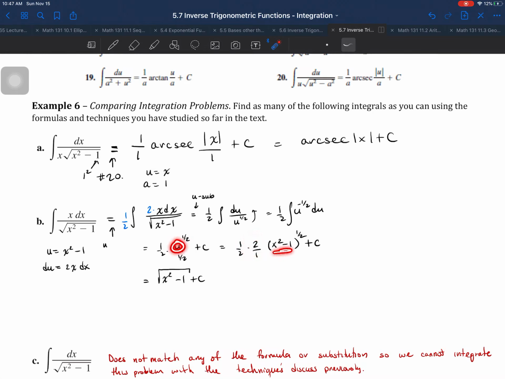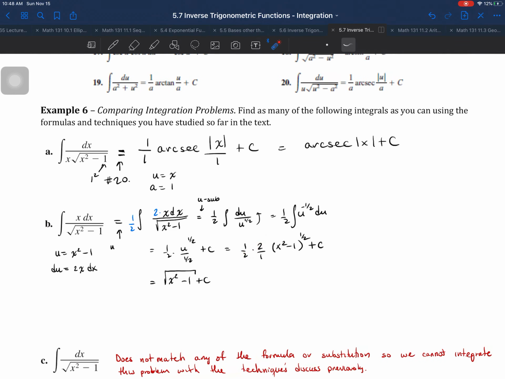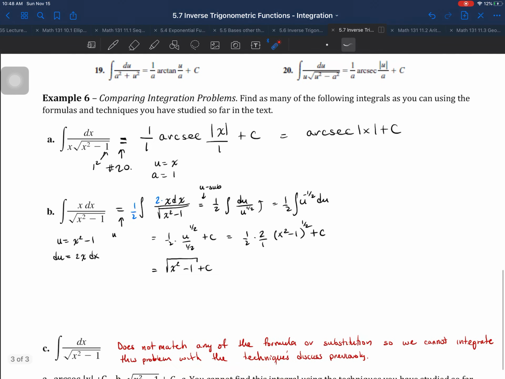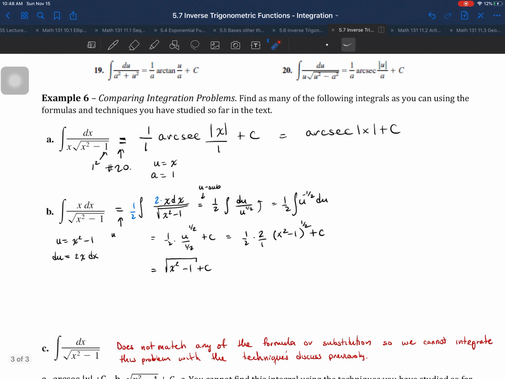Replace u back in terms of x, which is x squared minus 1, then take the square root of that. These will cancel each other out, and that gives you this. So there you go. In this case, we had to use u substitution and the power rule, and in the last one, we had to use the arcsecant rule.